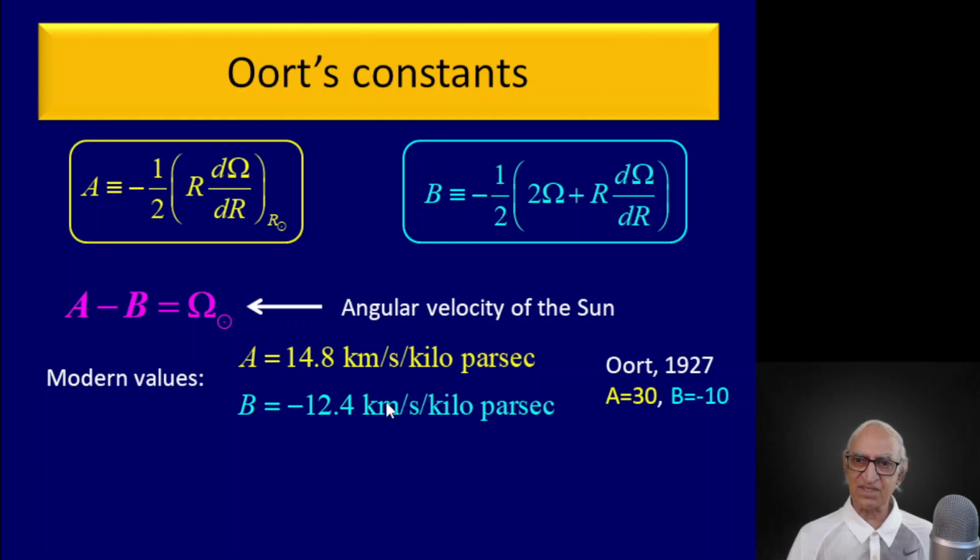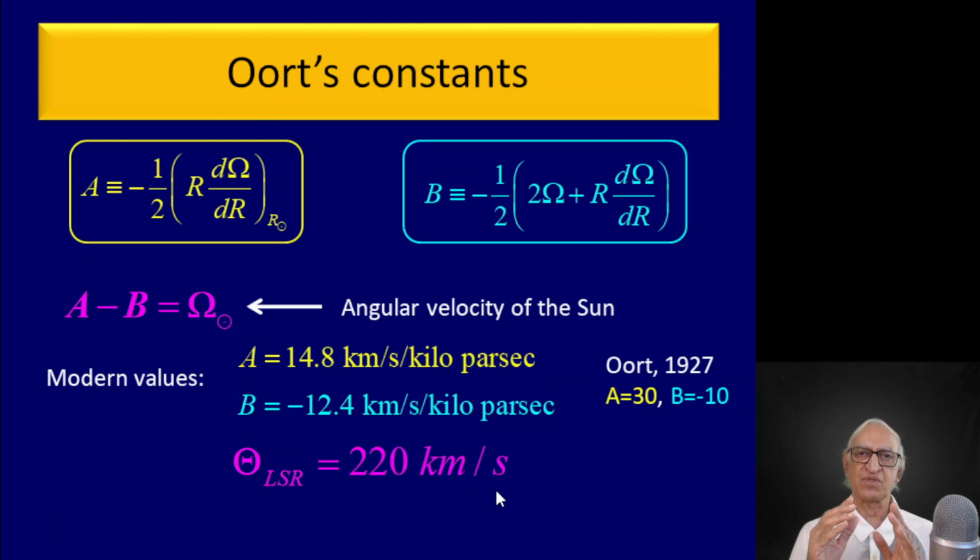So from this, A minus B, I can derive the angular velocity of the sun. And since the circular velocity theta is equal to r times omega, I can derive the circular velocity of the sun and the stars and the local standard of rest, and that comes to 220 kilometers per second.